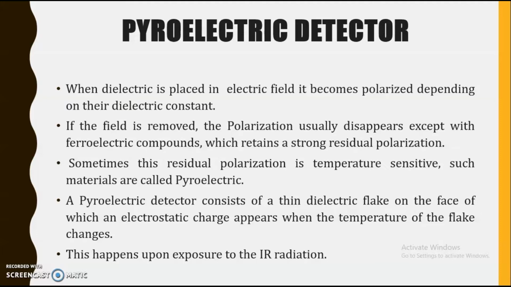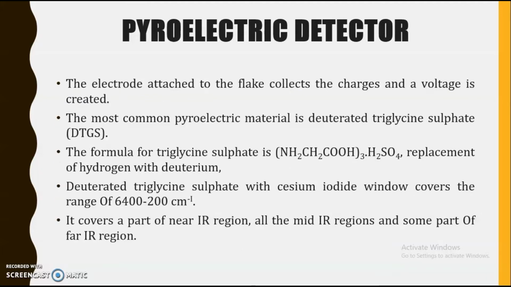This happens upon exposure to the IR radiation. The electrode attached to the flake collects the charges and a voltage is created. The most commonly used pyroelectric material is deuterated triglycine sulfate, which is made up of triglycine sulfate, having this formula.